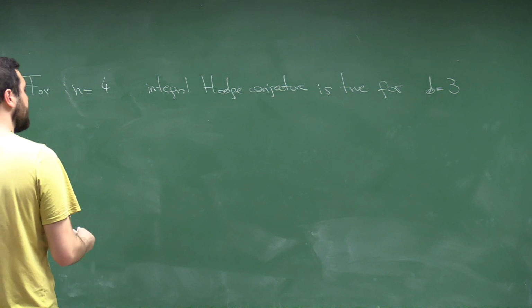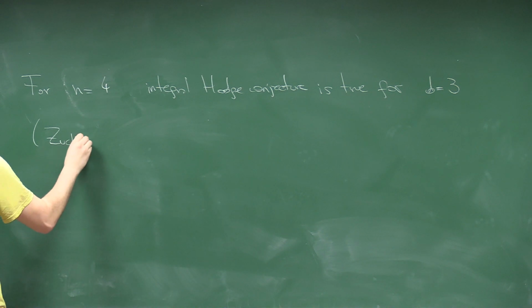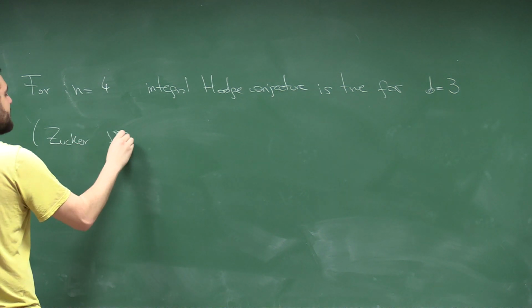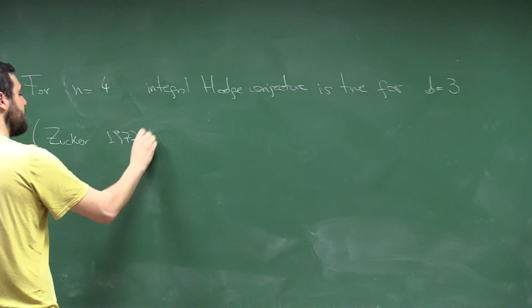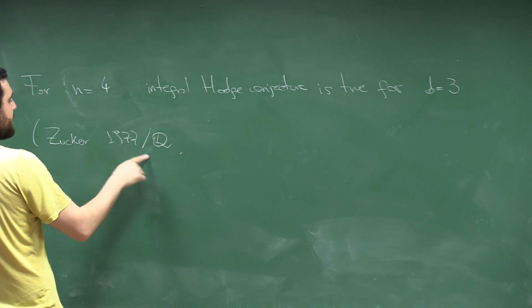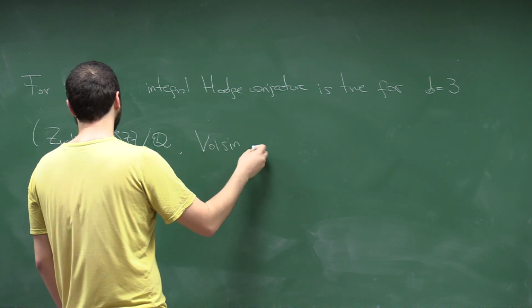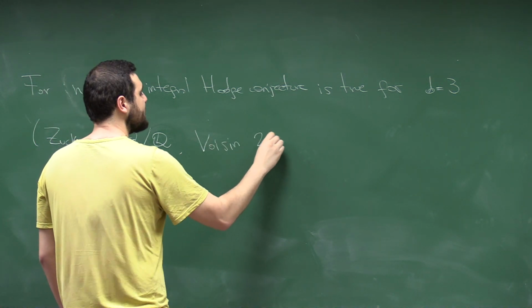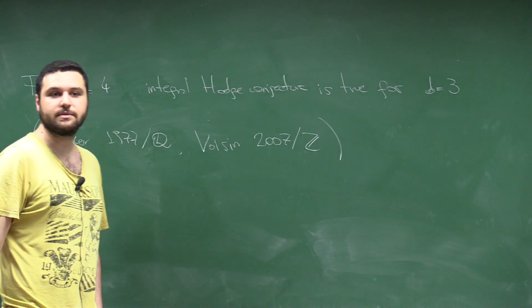And this was proved first over the rational numbers. It was proved by Zucker in 1977. So this was over Q, the Hodge conjecture, and by Voisin, she proved in 2007 that it's true over the integers.